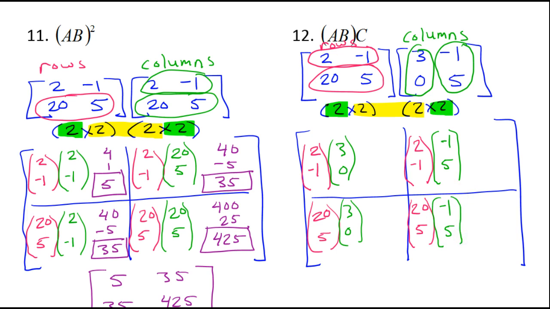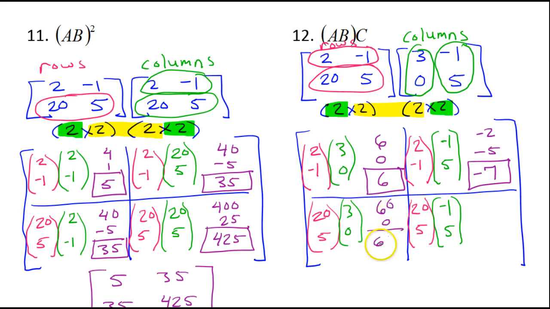Now we multiply and add. If I multiply here, I get 6 and 0. Add them up, you get 6. Multiplying here, I get -2 and -5. Add them up, I get -7. Multiply here, I get 60 and 0.